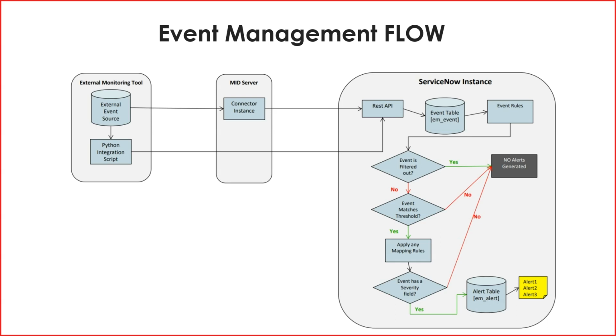To understand: everything comes into the events table, we apply event rules, and only the useful events are converted to alerts. They go into the em_alert table, and on the alert table we have the alert management rule that creates an incident or whatever, in the flow in which we want that alert handled.